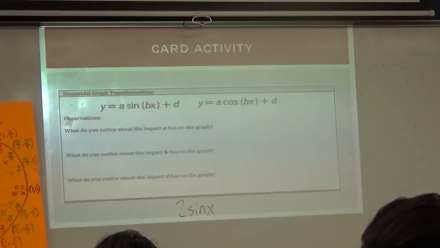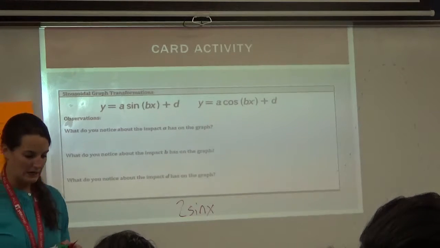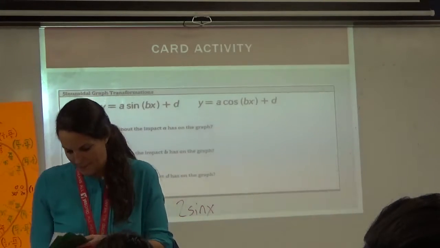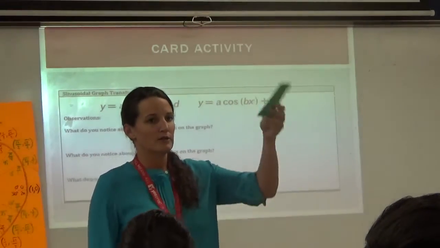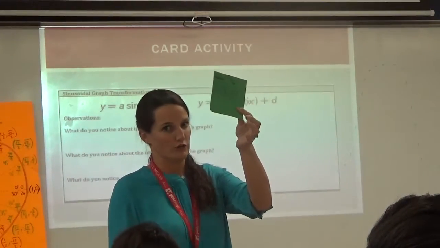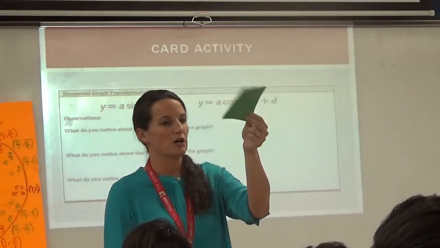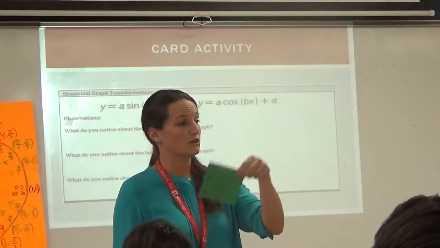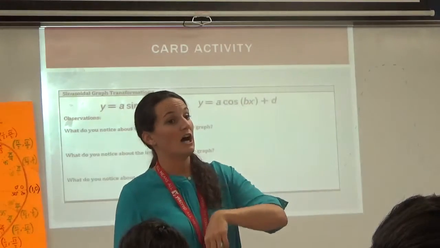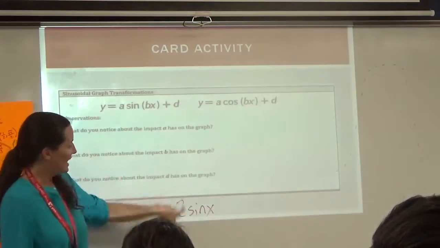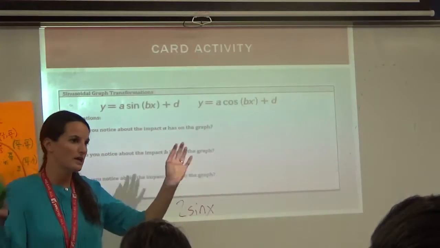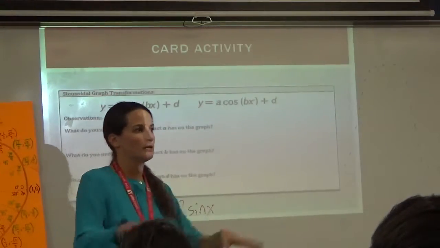And in order to figure out what happens, we're going to do a little card activity. First up, I'm going to give you and your group a set of green cards. All of these green cards have either sine or cosine graphed, and then another graph where it has a value of a in front. Maybe 2, maybe 10, maybe -4, maybe 1/2.